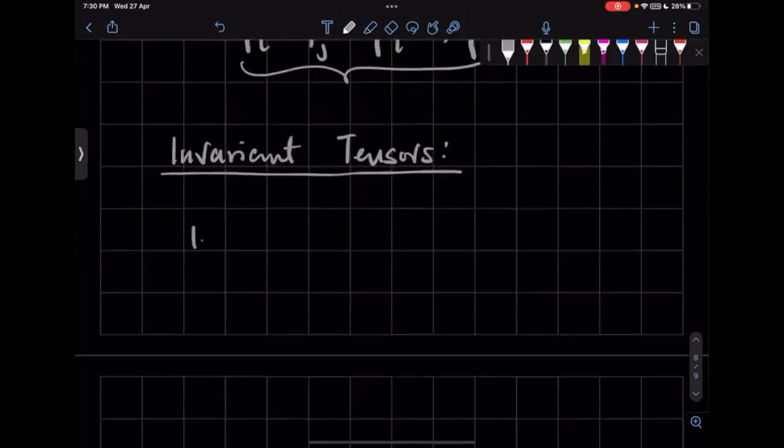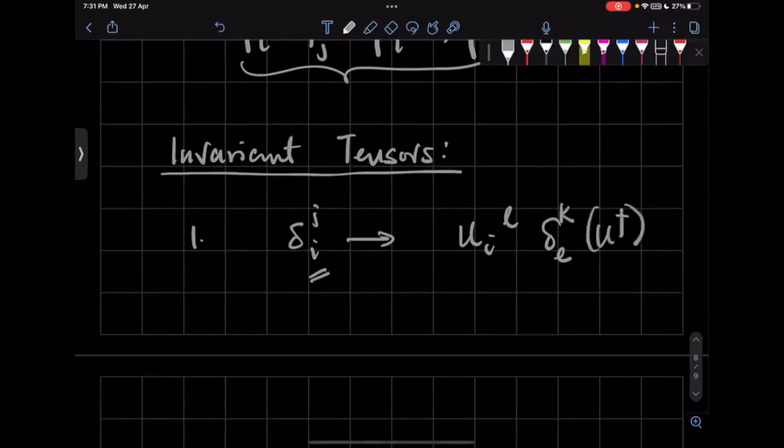So there are these special tensors which are invariant under SU(N) transformation. And the first one is delta ij. So under SU(N) transformation, this is a fundamental index, so we'll get U_{il}, delta_{lk}, and here we'll have U dagger of jk.